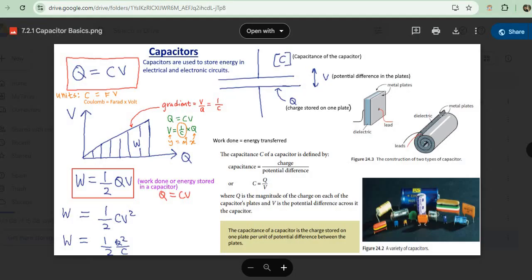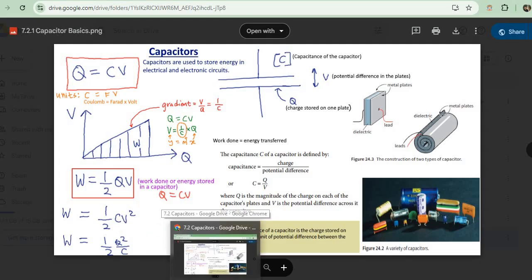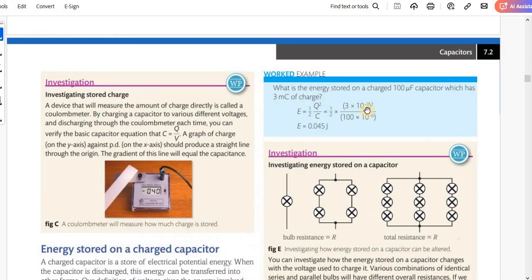So based on this, we have been given the charge, we have been given the capacitance, so we are going to use this equation here. W is equal to Q squared over 2C. So let's substitute that. Q is 3 into 10 to the power minus 3. Remember to square that. Then we have the half. Then capacitance is 100 microfarad.